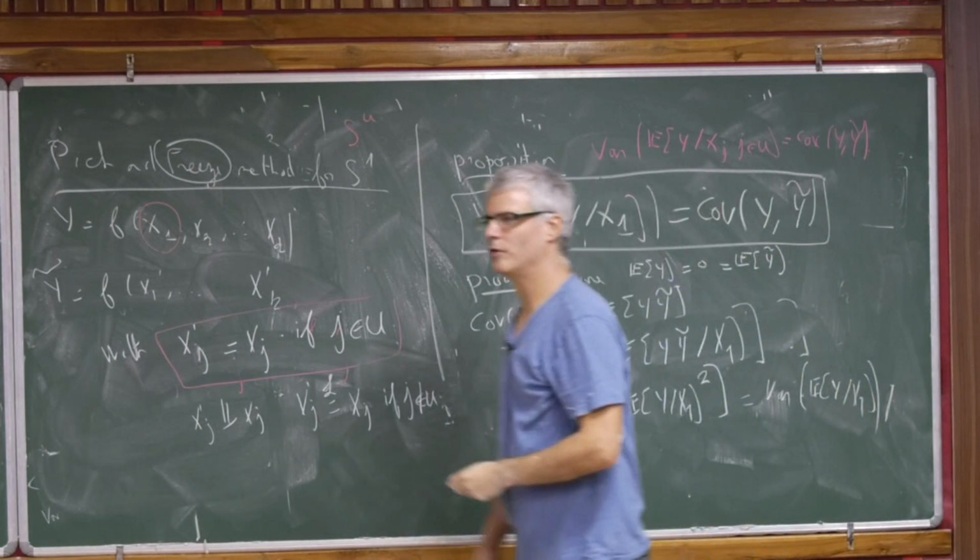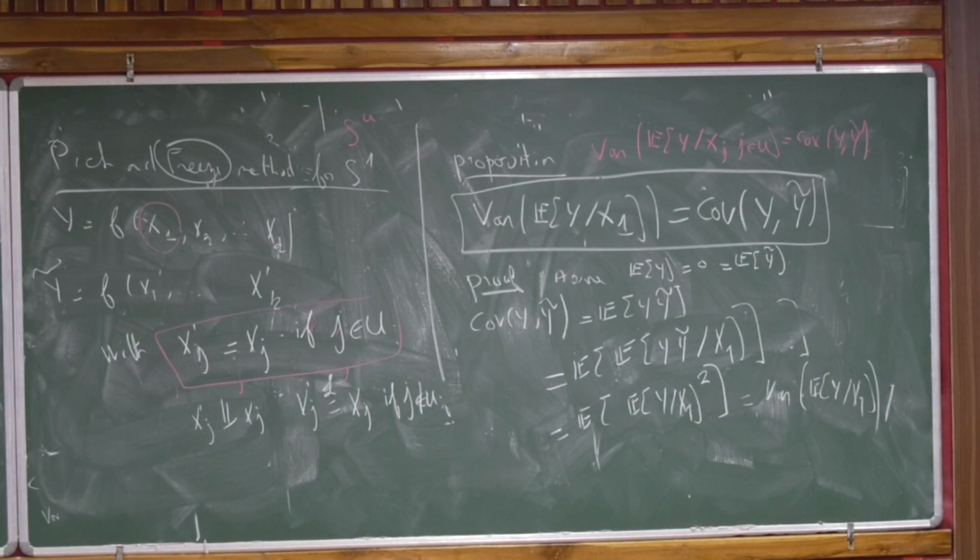That is, the variance of the conditional expectation is equal to the covariance of Y with Y tilde.